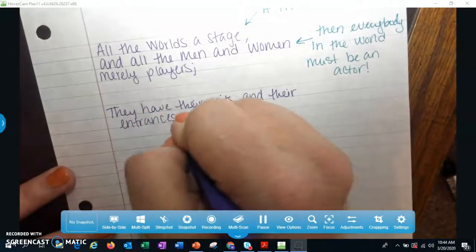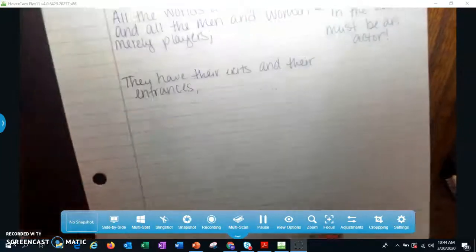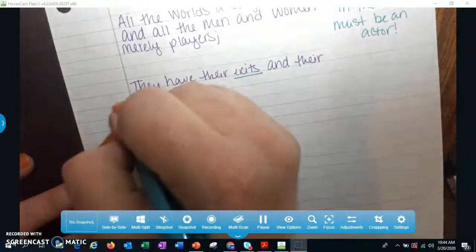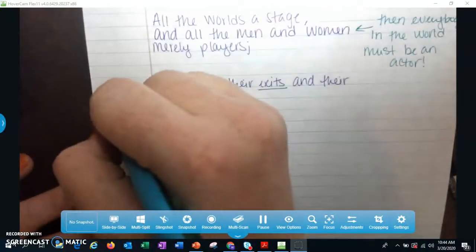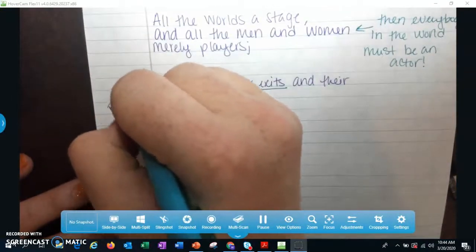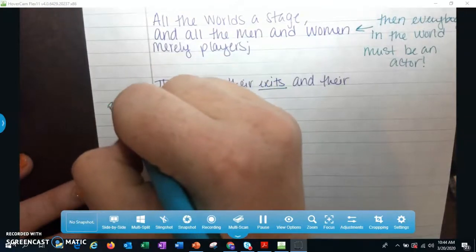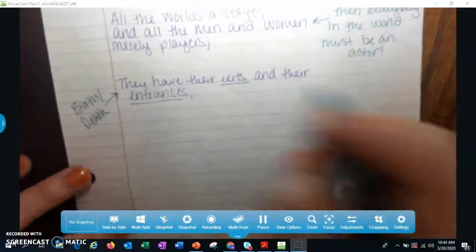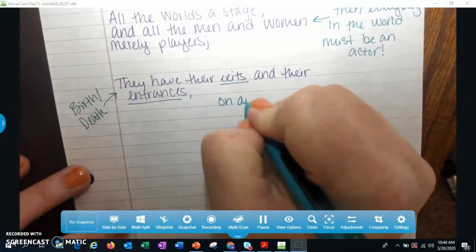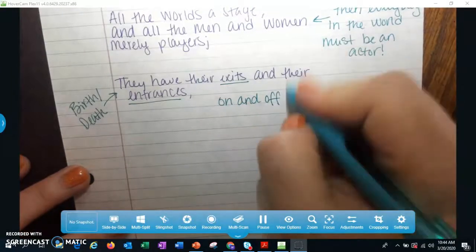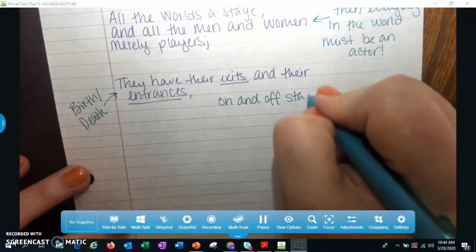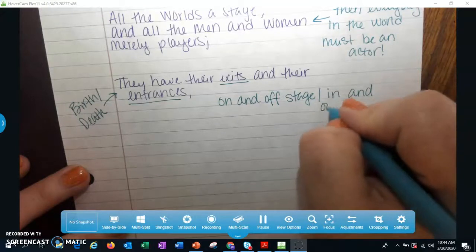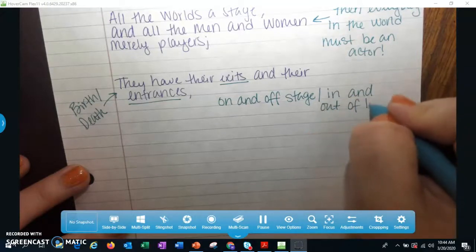I remember going through this with you guys. There were a couple things that we drew conclusions here when we said exits and entrance. The first is that this is representative of birth and death. The second one that I know that we talked about was that on and off stage is being compared to in and out of life.